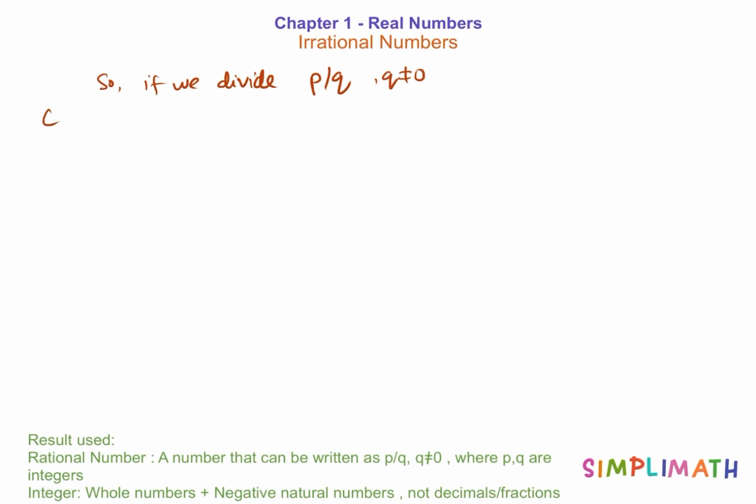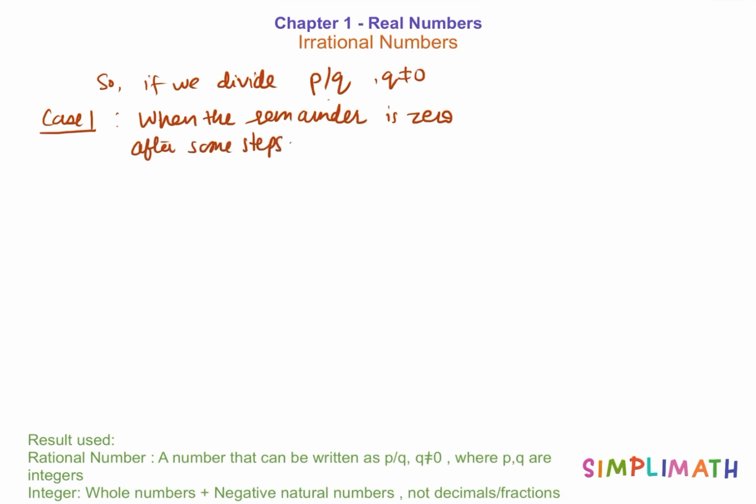First case would be when the remainder becomes 0 after some steps. For example, if we divide 7 by 8, we get 0.875. If we divide 1 by 2, we get 0.5.